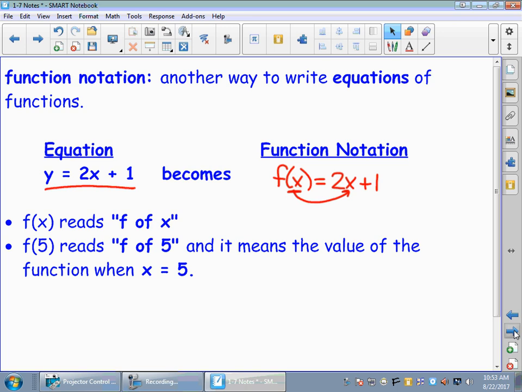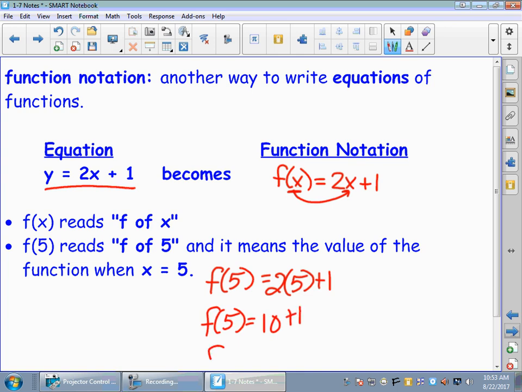So if I were to do f of 5 for the function up above, that means I'm going to evaluate this function when x is 5. So the function when x is 5 is equal to 10 plus 1. So f of 5 equals 11.